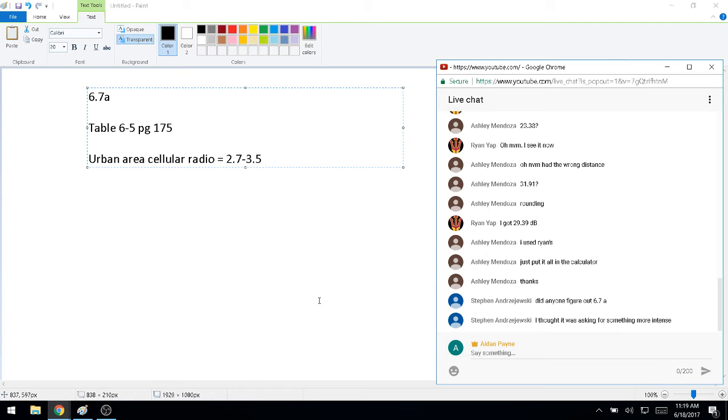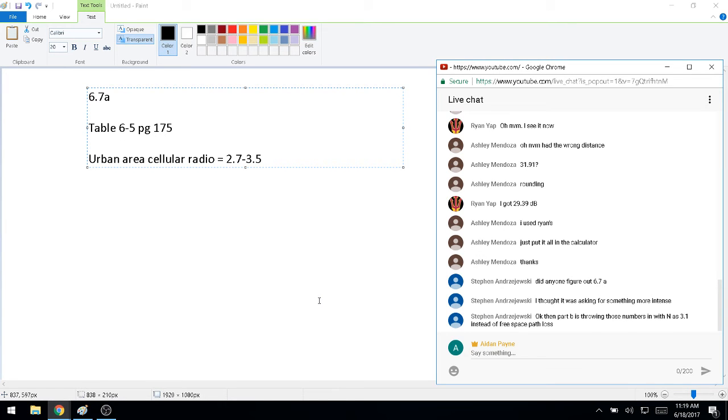So it's basically asking what the possible numbers are that you could use for this situation. That table tells us it's anywhere between 2.7 and 3.5, and they tell us we're using 3.1 for this particular scenario. That's the extent of what part A is asking: what numbers could you have used if we didn't tell you that for this specific case it was 3.1.